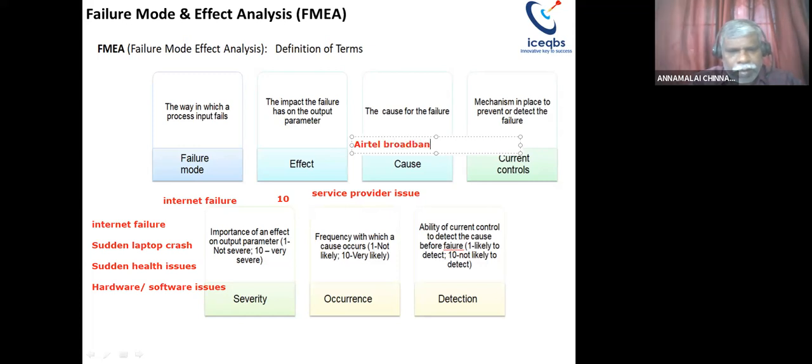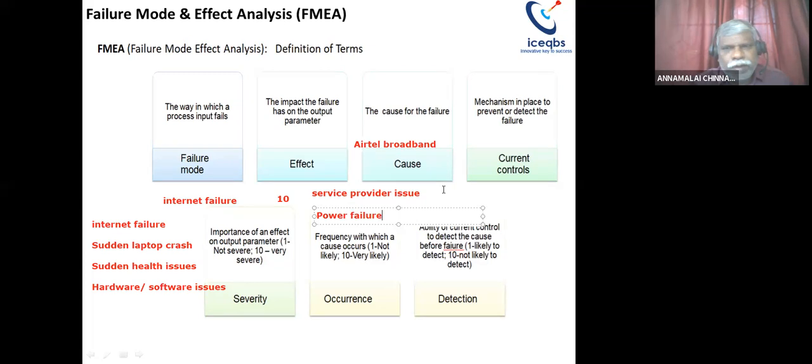And if there is a problem in this Airtel broadband, then my internet connectivity is going to be affected. The second possible reason for the internet failure is a power failure. As soon as the power fails, the modem is going to be disconnected, and if the modem is disconnected, I'm going to be disconnected from the participant. So the possible causes which are resulting in this failure mode are the service provider issue and power failure.